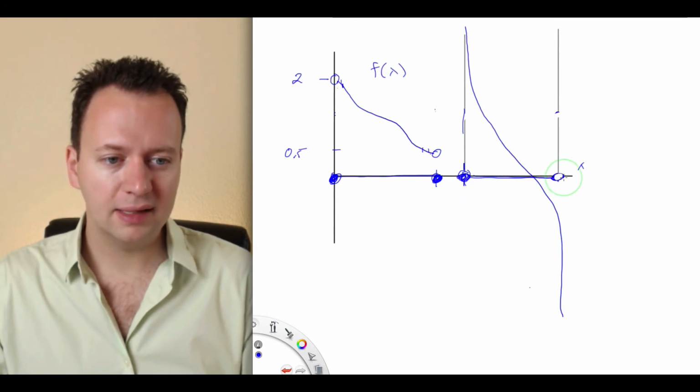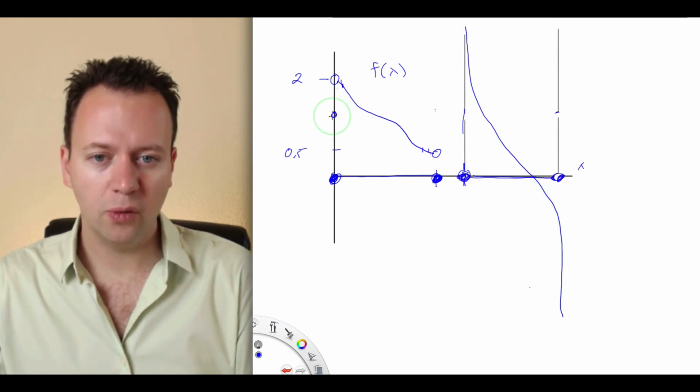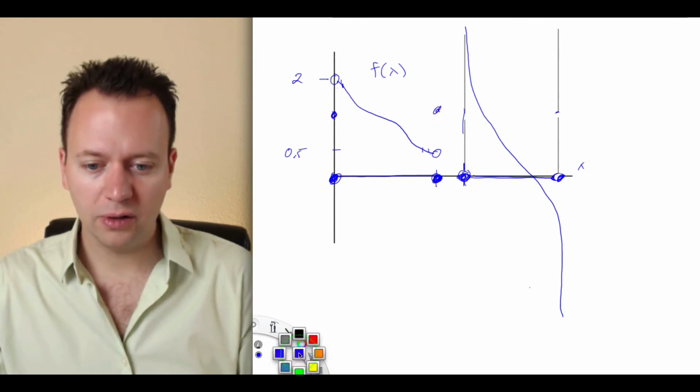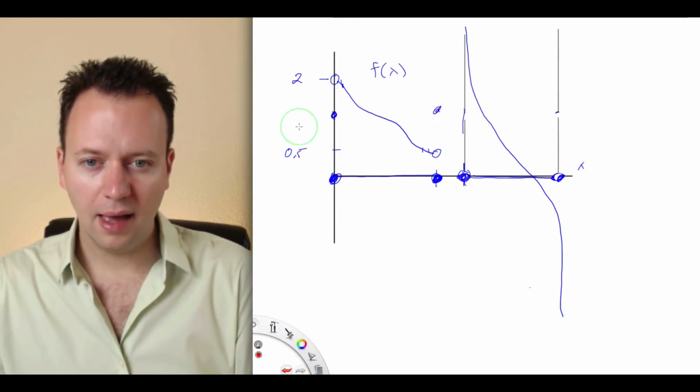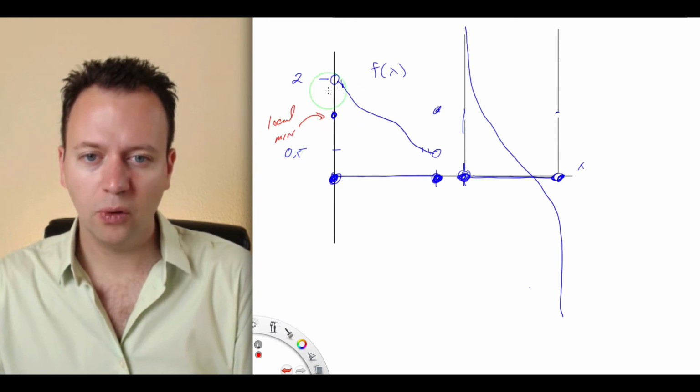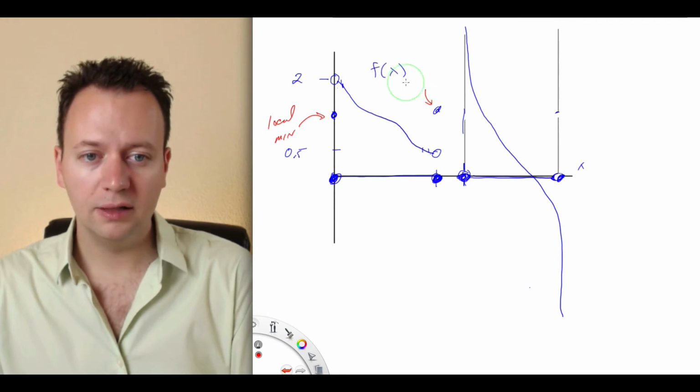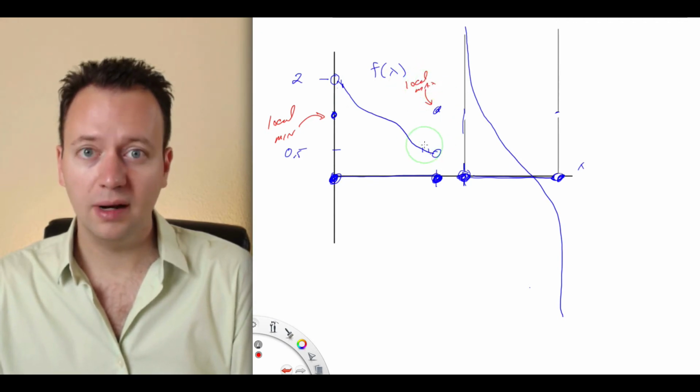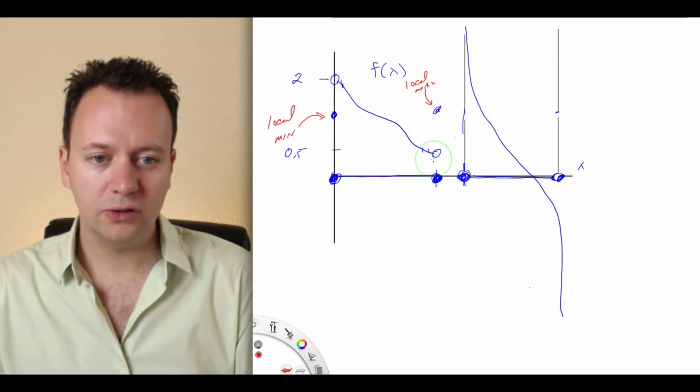If we extend this like that, and even this one, if I put a point here and here, this is going to be a local minimum, because this point is smaller than any of the neighboring points, and this one is a local maximum because that point is greater than any of the neighboring points. Same thing over here.